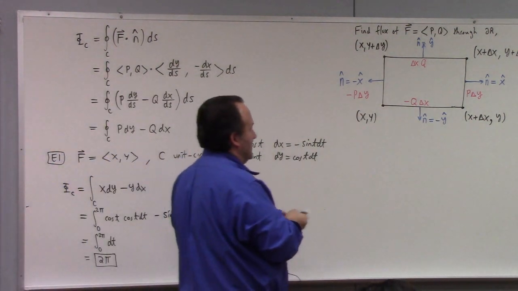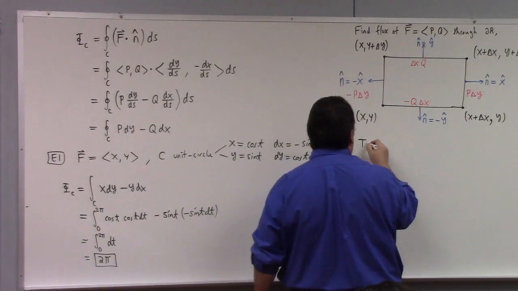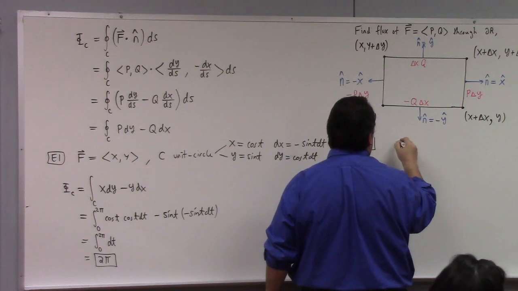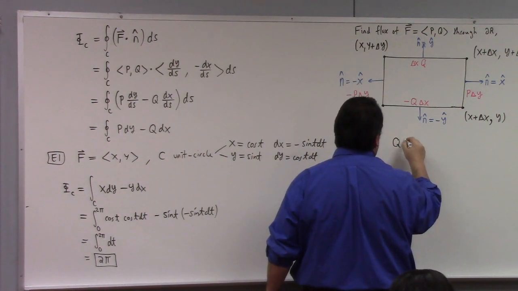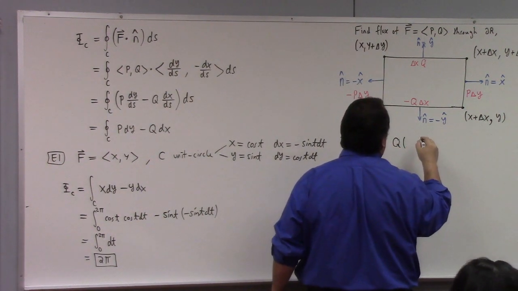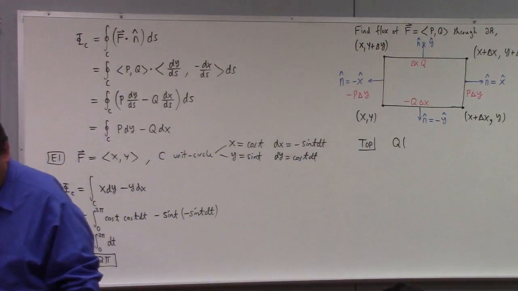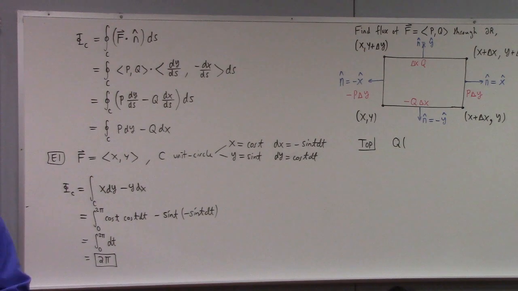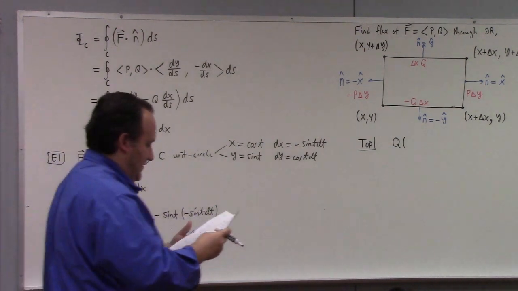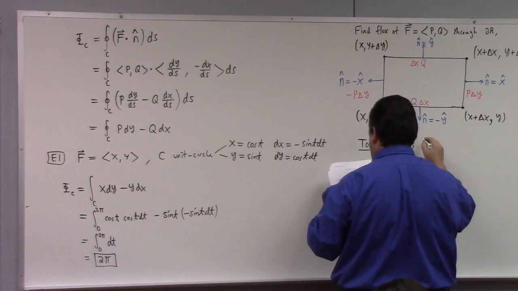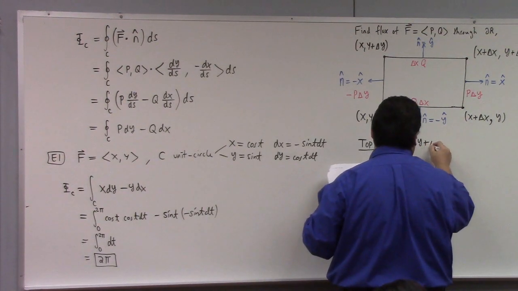So to be more explicit, from the top, we have a flux of q of, let me be careful to make sure I don't mess up my setup here, x comma y plus delta y.